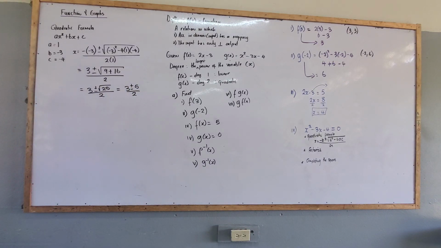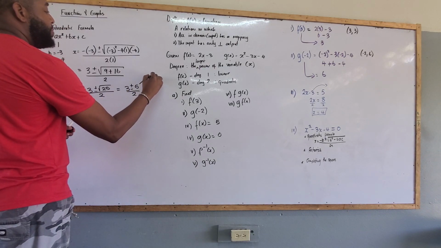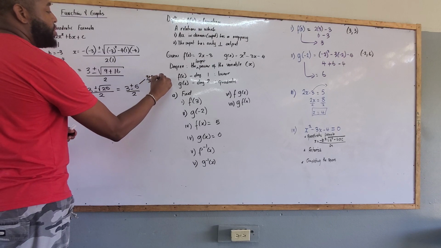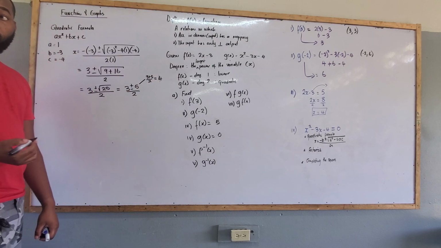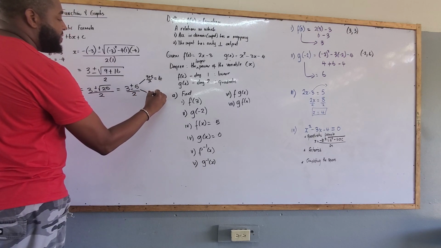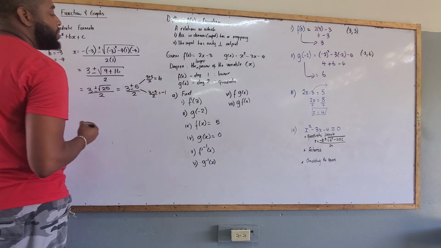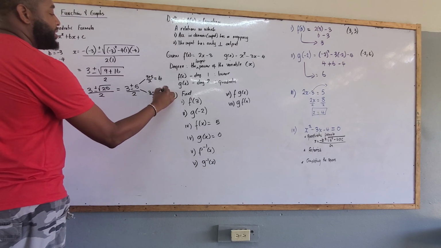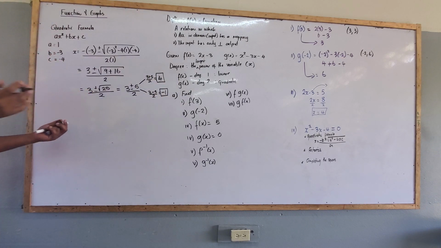So the plus and minus is going to give 2 different workings. The first one is going to be 3 plus 5 over 2, which is 8 over 2, which we can write as 4. And the other one will be 3 minus 5 over 2. So 3 minus 5 is negative 2, divided by 2, that's negative 1. So x is negative 1 and x is also 4.